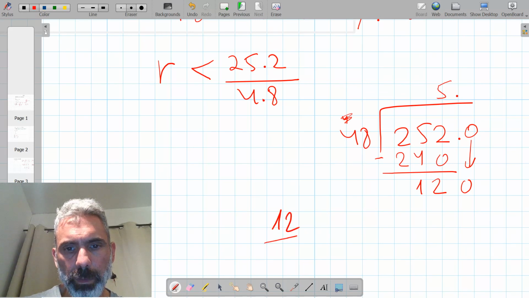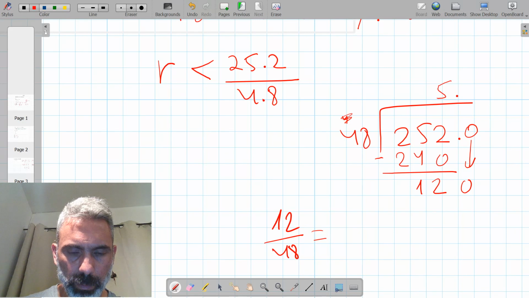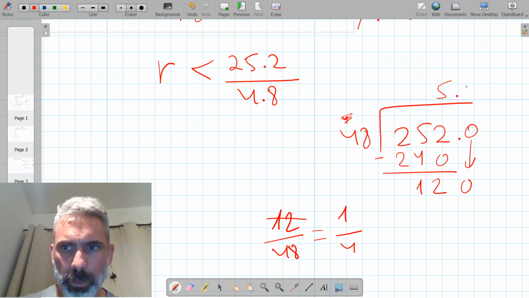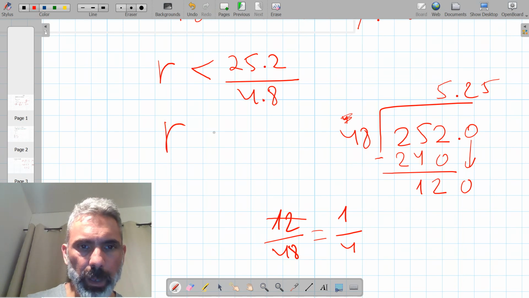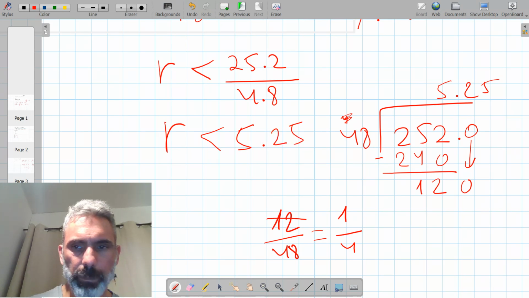Just a second. 12 over 48 is 1/4, right? 12 goes into 48 4 times. So this should be 5.25. So R has to be less than 5.25.